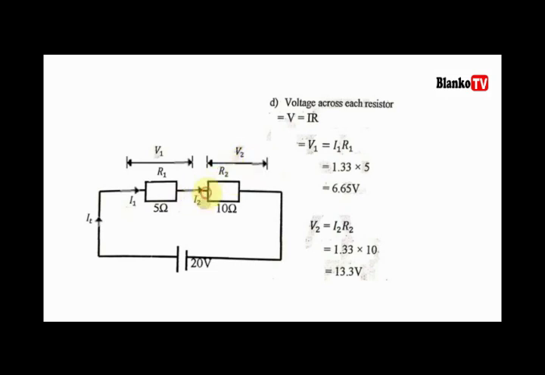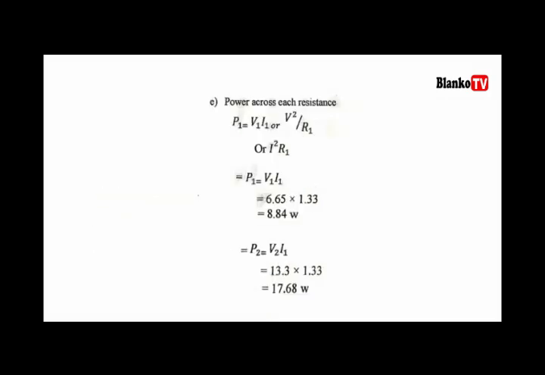Let's move on to the next solution, which is solution E. E says we should calculate the power across each resistance. For power we have three formulas: power equals V times I, that is voltage times current, or V squared over R, that is voltage squared over resistance, or I squared R, current squared times resistance.